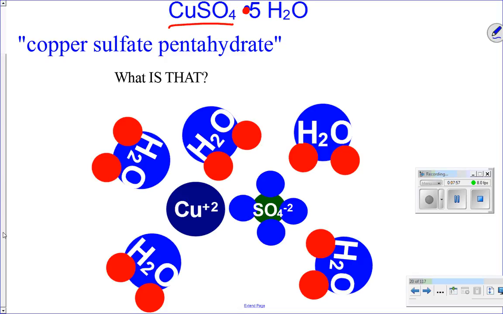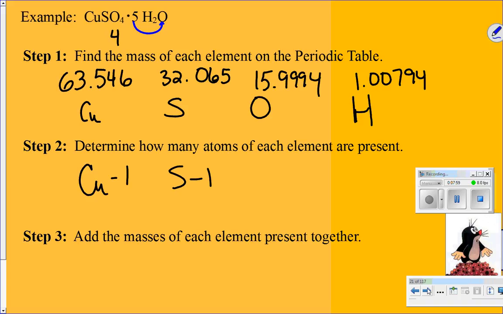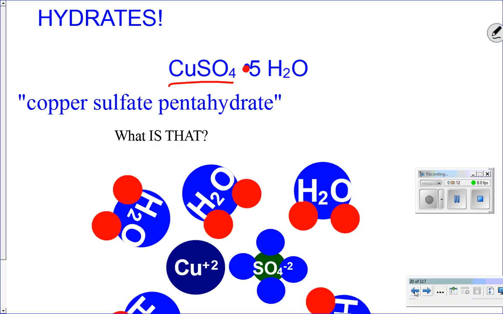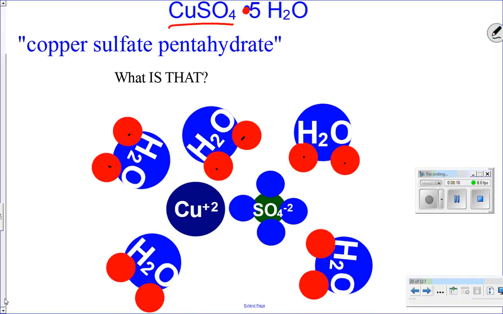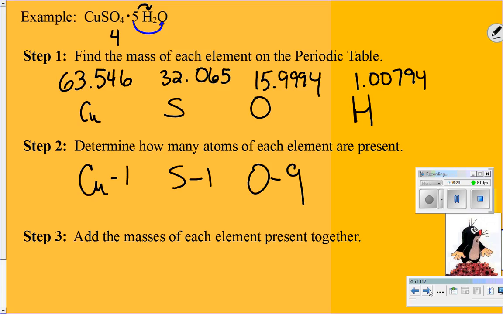So we should have a total of 9 oxygens in this compound. And then this 5 right here is going to that hydrogen. There's 2 hydrogens in each water. So if you go back to this picture again, 1, 2, 3, 4, 5, 6, 7, 8, 9, 10 total hydrogen atoms, and that makes sense based on how that compound is written.